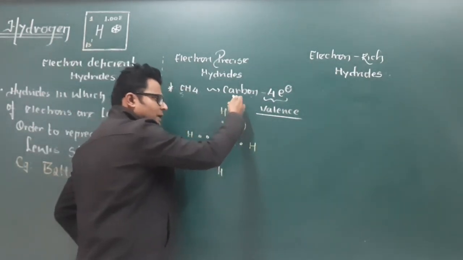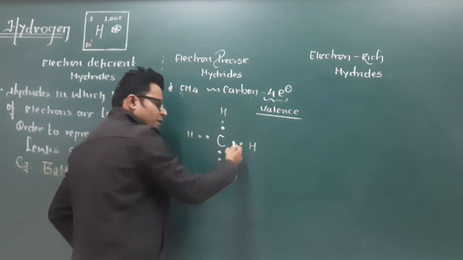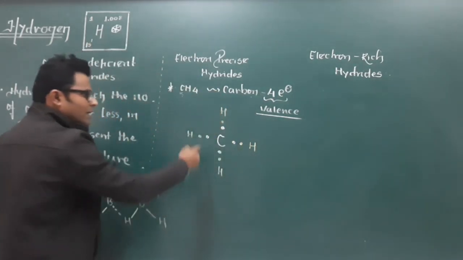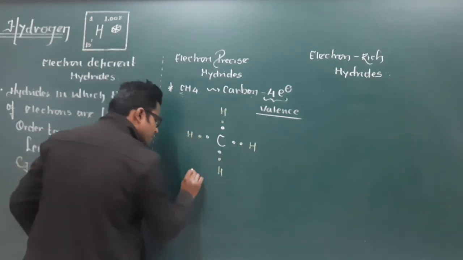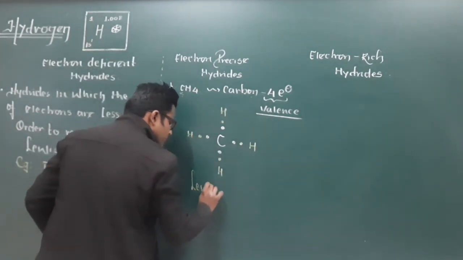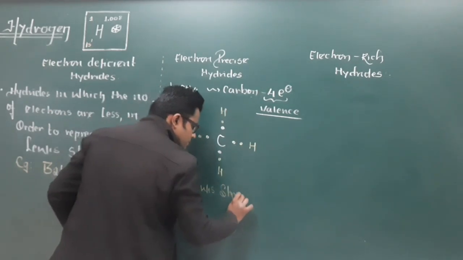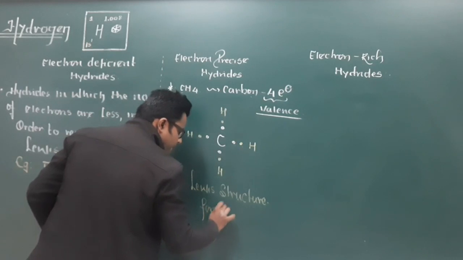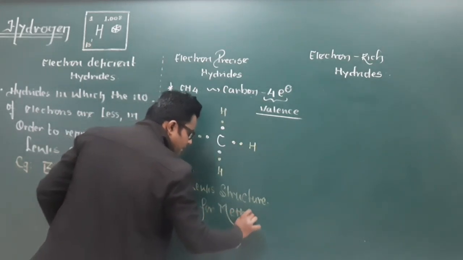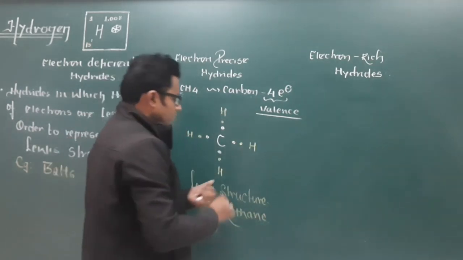Because of sharing of these 2 electrons, another bond is formed. Due to the sharing of these 2 electrons, another bond is formed. And finally, the same occurs over here. So this is the Lewis structure for methane in this case, right?